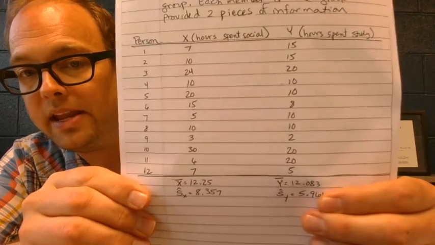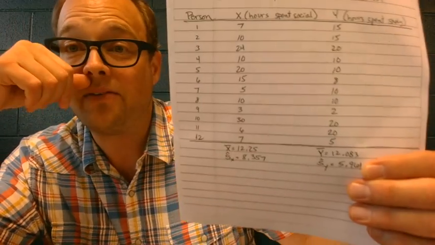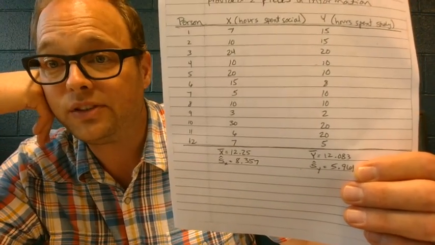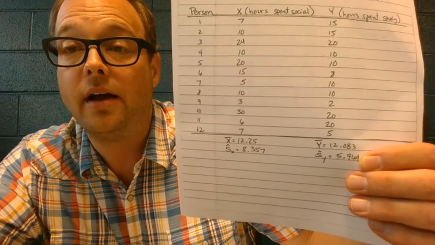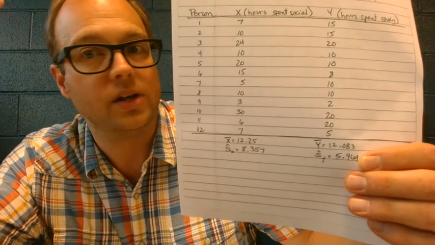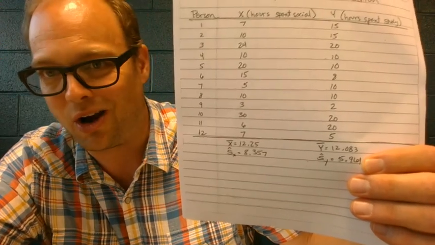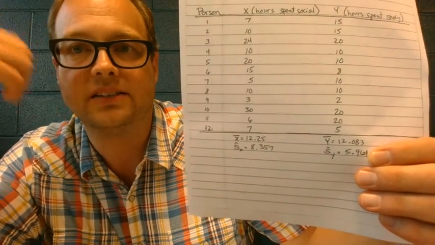Now, our Y variable, our dependent variable, is hours spent studying, and you can likewise see the mean reported there as well. However, the mean for this variable, because it's the Y variable, is symbolized with Y with a bar over it, which corresponds with our formula for Pearson's R, which hopefully you saw in the previous segment.